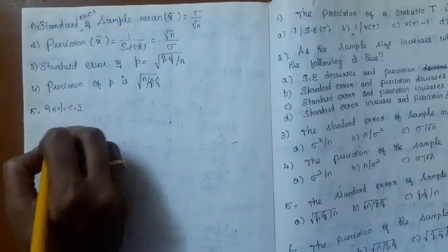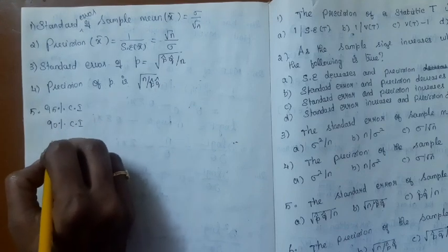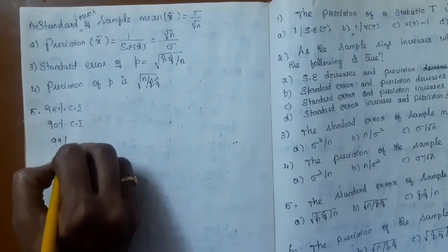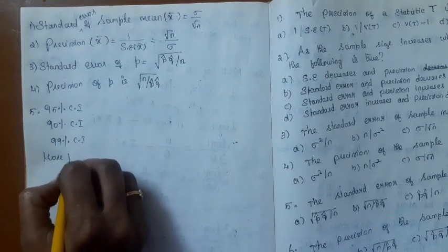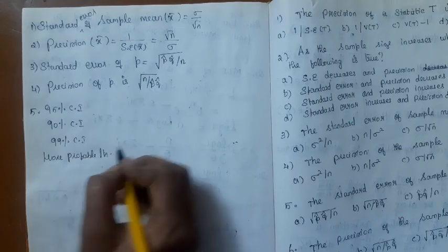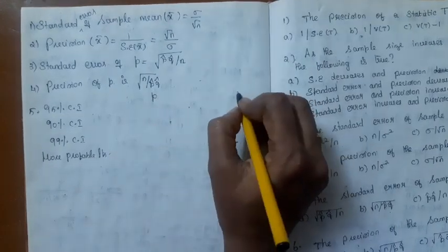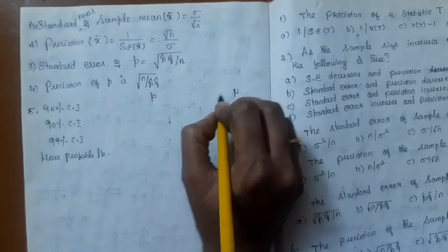Now let us remember the confidence interval: 95% confidence interval, 90% confidence interval, 99% confidence interval, and most probable limits for the population proportion p and the population mean mu.